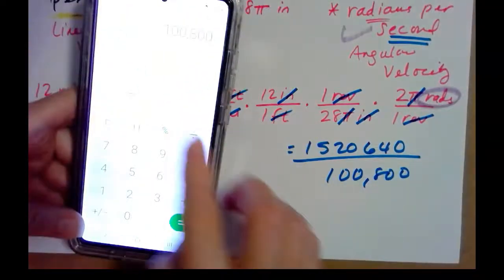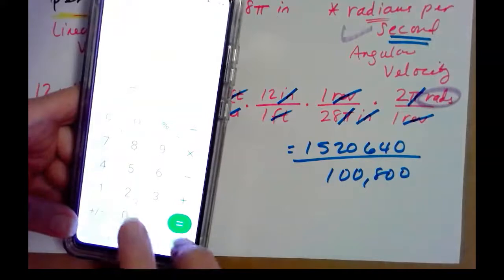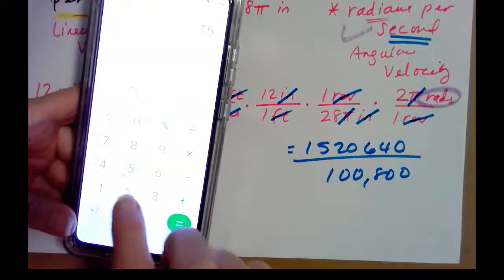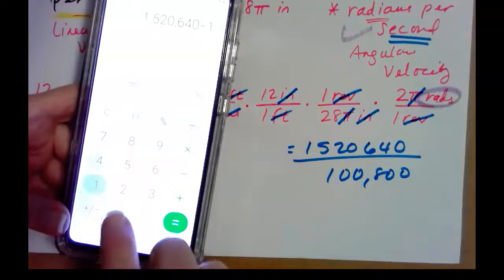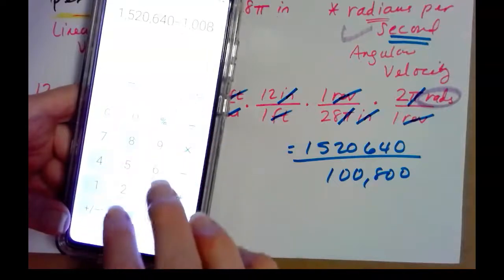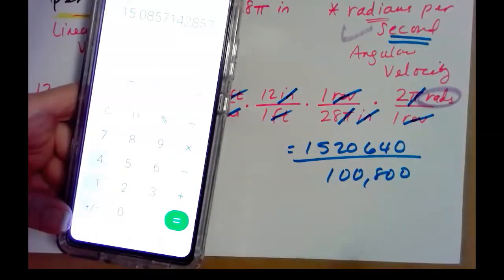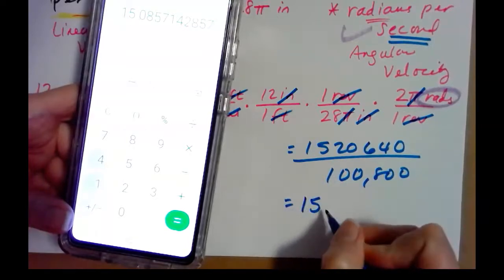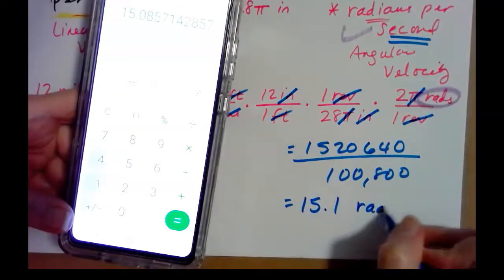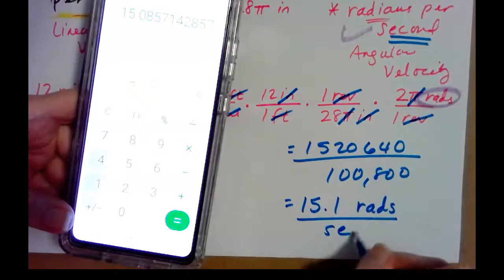So this is what I've now got to divide. So here we go. 1,520,640 divided by 100,800. And that gives me my answer, which is 15.1 radians every second.